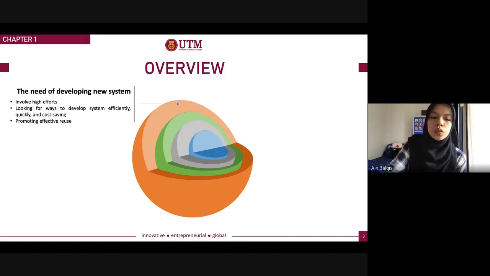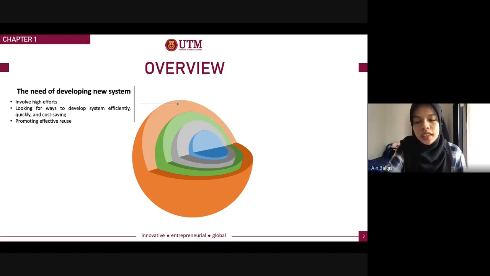As an overview, the development of technology has had a huge impact on industry. In order to retain competitiveness, business environments are marked by a high level of change. However, delivering the need of developing a new system requires high effort.